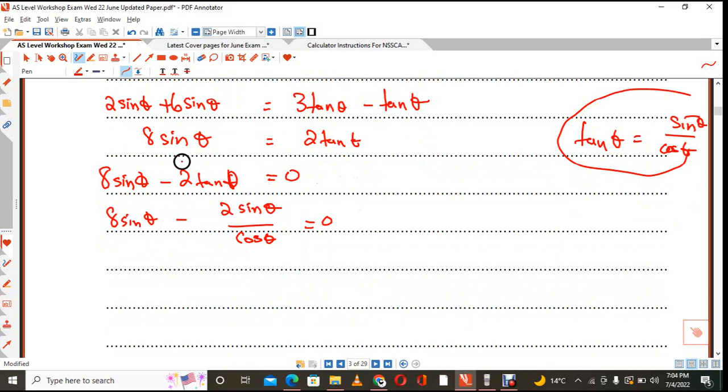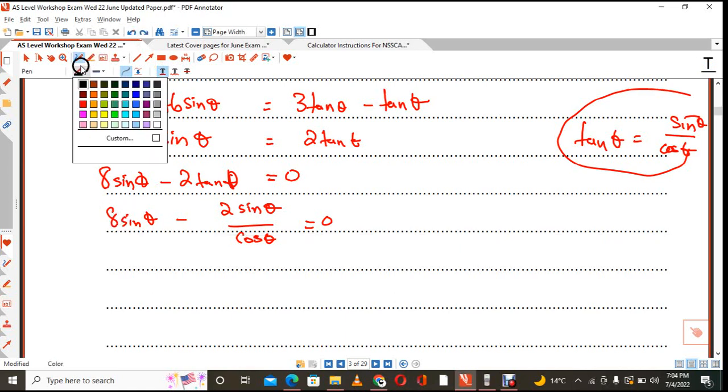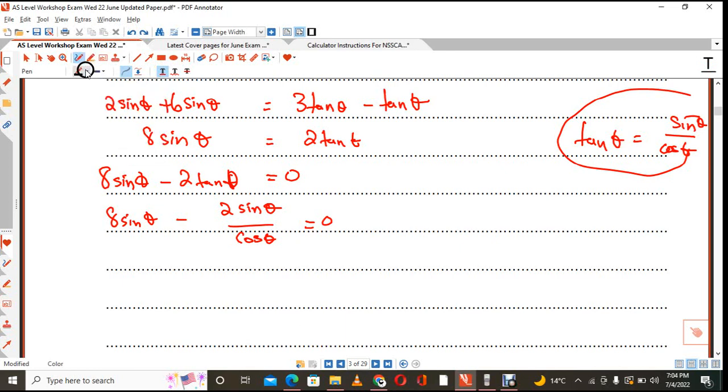All right, so what does it mean when you have equal to 0? Of course, remember, this is the same as it being over 1.